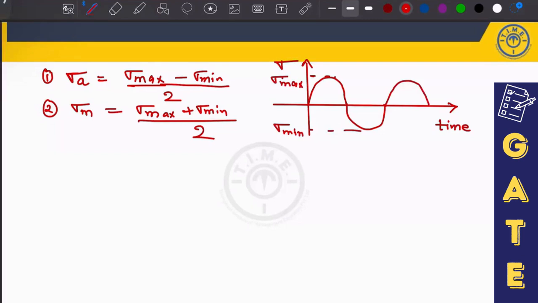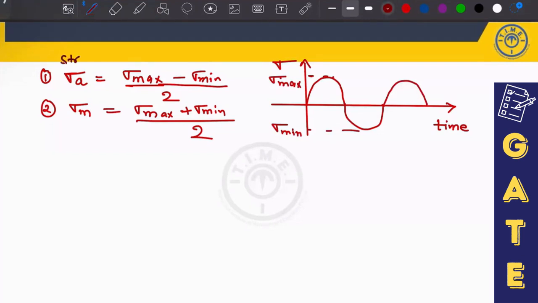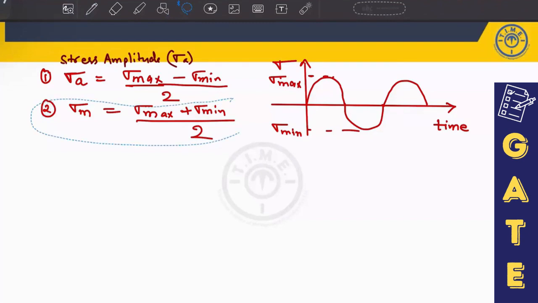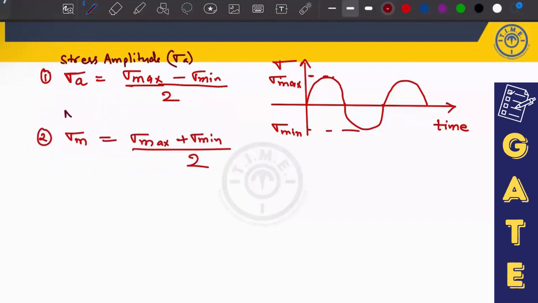Now, if you want to calculate the stress amplitude, which is nothing but this one, this is called the stress amplitude, which is sigma A. Okay. So if you want to calculate the mean stress, this is nothing but the mean stress, which is the average of the maximum and minimum value.